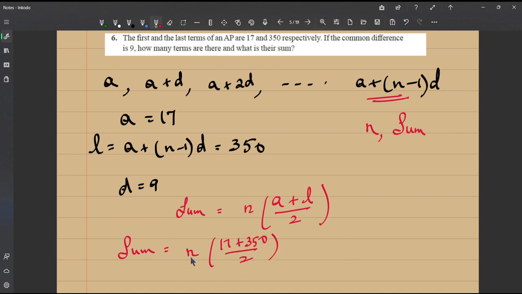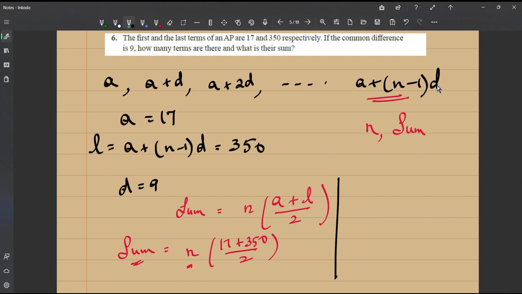Now we observe that here we do not know two things. We do not know the number of terms, and we do not know the sum of the terms. So let us keep it aside. Of course, this will be of use to us, but let us proceed.